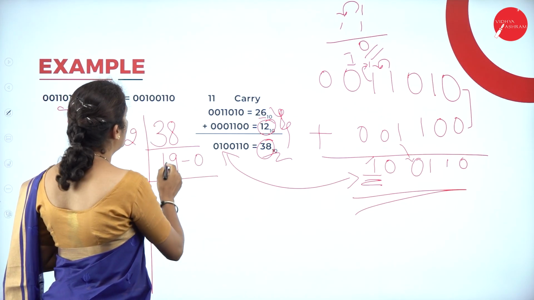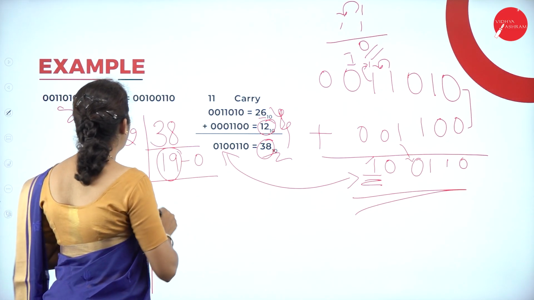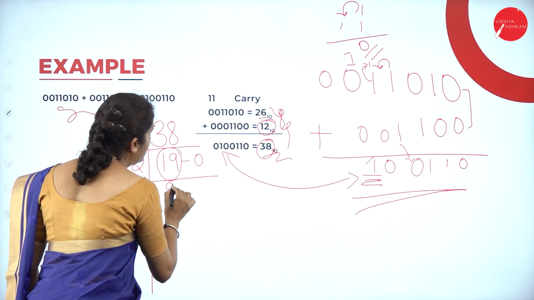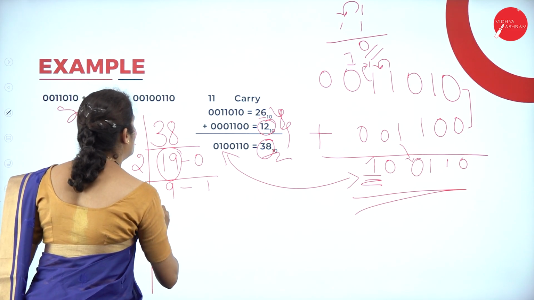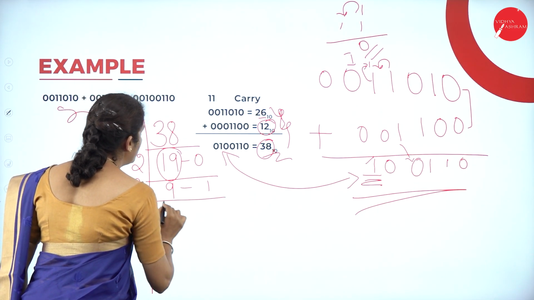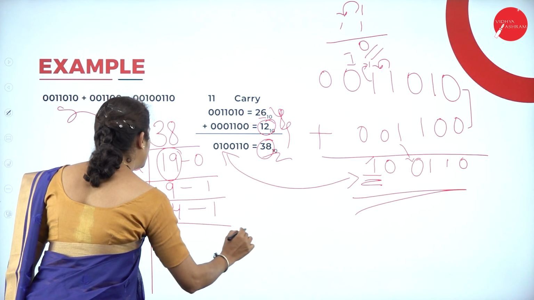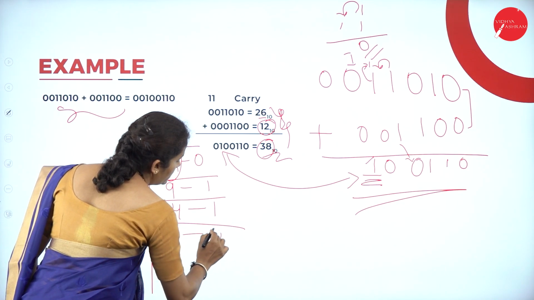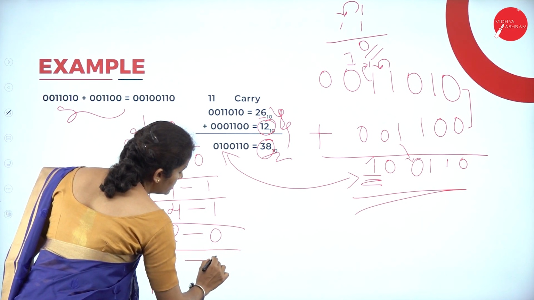Now I'm going to divide 19 by 2 once again. 2 nines are 18, 1 is the remainder. Once again, 2 fours are 8, 1 is the remainder. Then 2 twos are 4, the remainder is 0. 2 ones are 2, the remainder is 0.